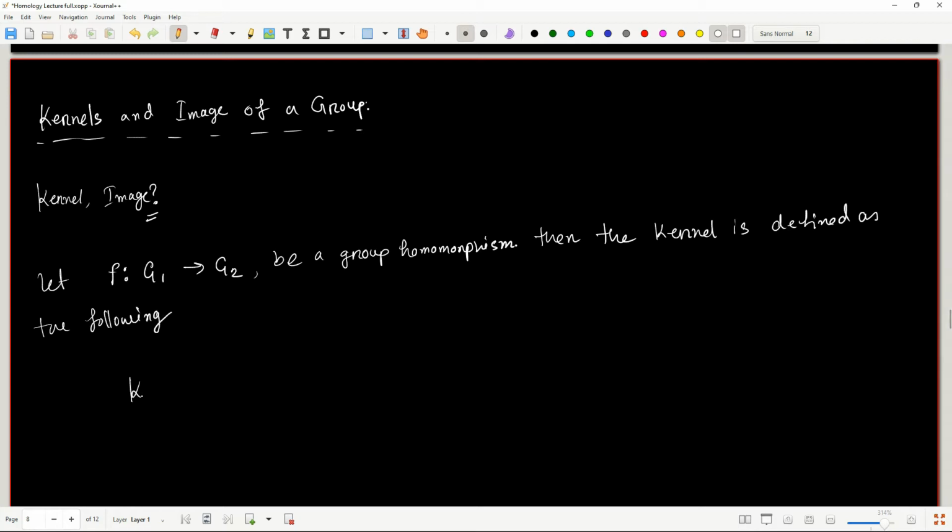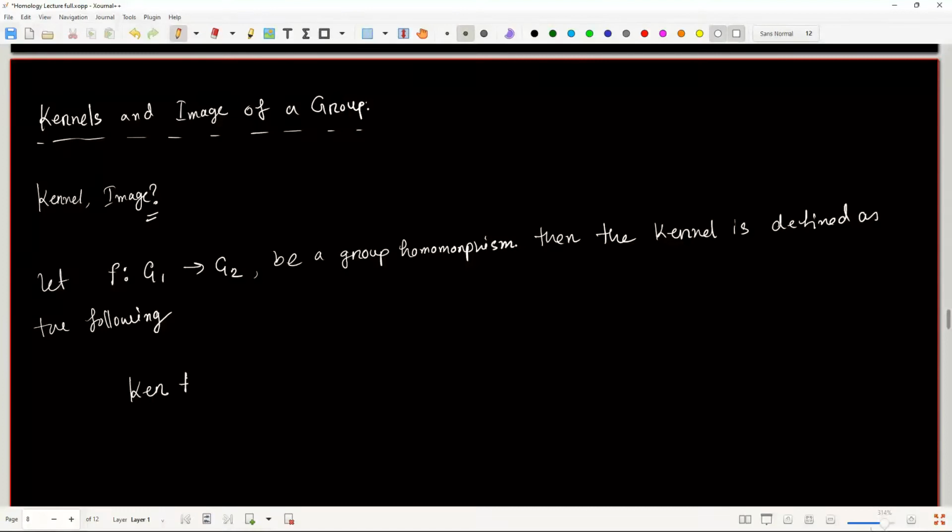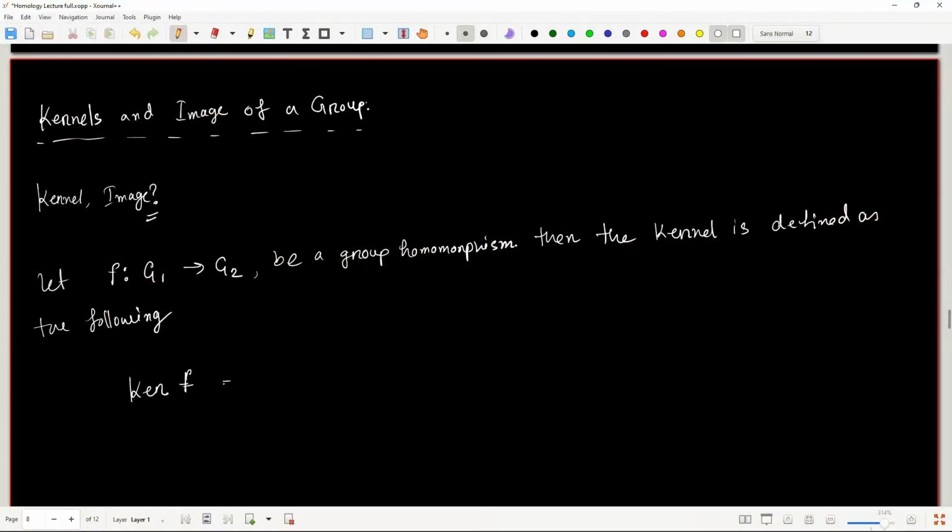We write the kernel as ker F, defined as X, and this X will belong to my group G1, and when this group homomorphism acts on this X, it maps this X to the identity element on group G2. This is the definition of a kernel.